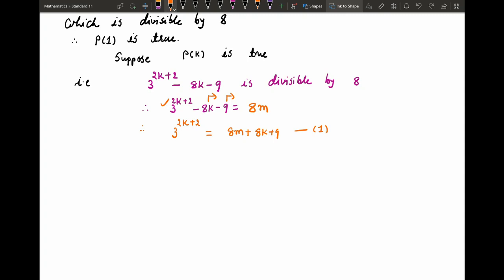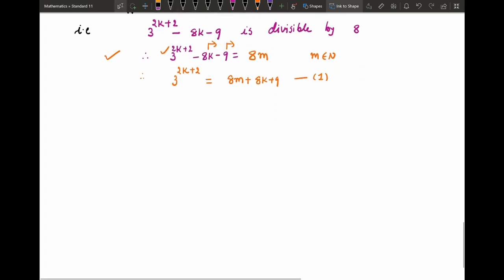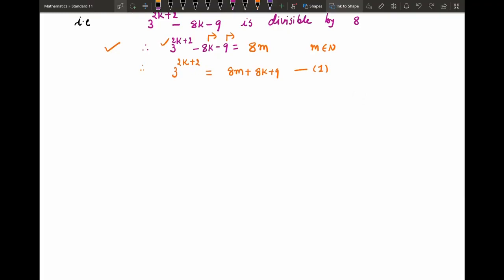We assumed the result is true for n equal to k, so that number is divisible by 8 and can be written as 8 into m for some m belonging to N. From this equation we get an expression for 3 raised to 2k plus 2, which we will use to prove the result for n equal to k plus 1.